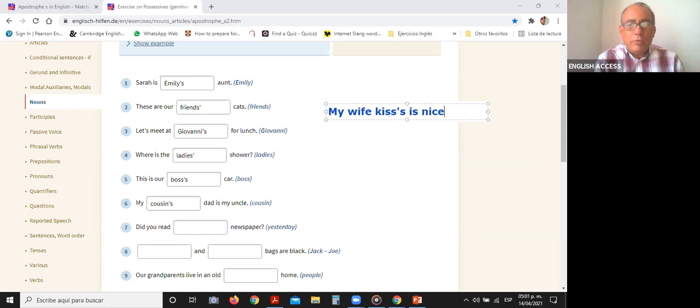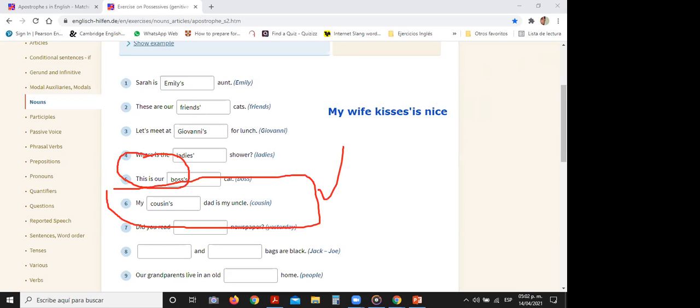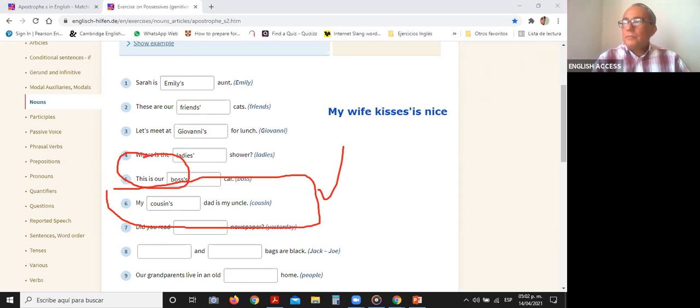El beso de mi esposa es bonito. How many kisses? Solo uno, only one. But kiss ends with an S, and it's singular. If the noun were plural, kisses, then I add the apostrophe at the end. Entonces el solo apóstrofe se pone cuando es plural y cuando son nombres que terminan en S. Es correcto. Ok.